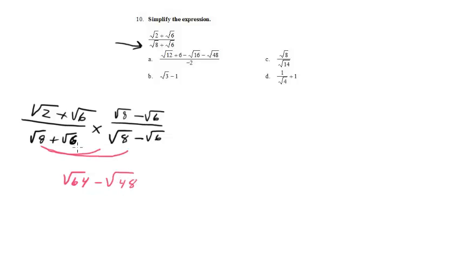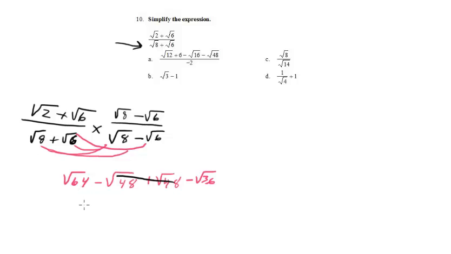And here we have plus the square root of 48, and you see they're going to cancel out. And then finally our last terms, square root of 6 times negative square root of 6, so it's minus square root of 36. And these, of course, cancel out.